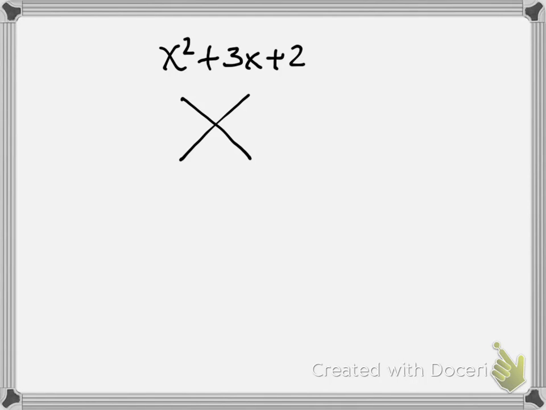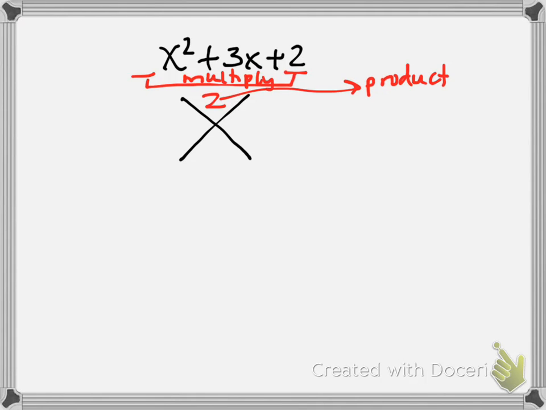Okay, what we're going to do is take the coefficient of the quadratic term and the constant, and we're going to multiply them together. That is going to be called the product. Remember, the game is called the product sum game.